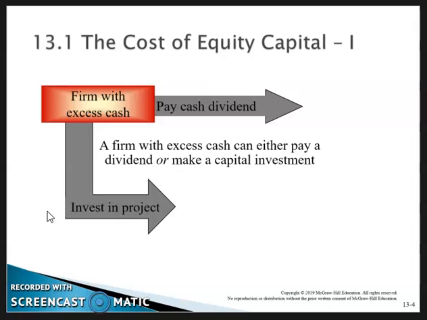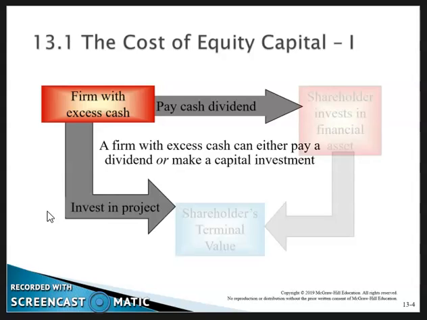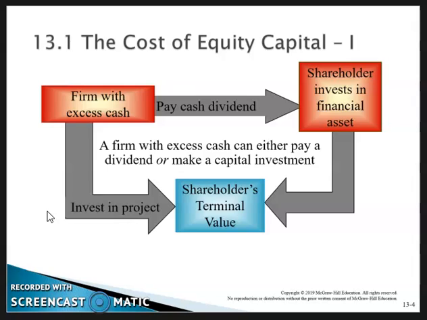When a firm has excess cash flow, they can either pay a dividend or they can make an investment. If they make an investment, they have a pretty good idea what they expect the return on that investment to be. On the other hand, if they pay a dividend, the shareholder has the opportunity to invest the money.